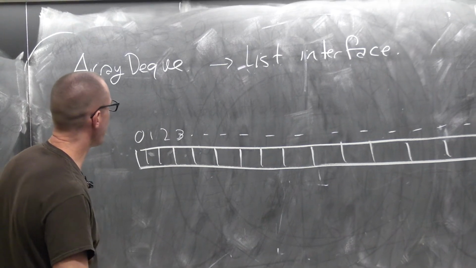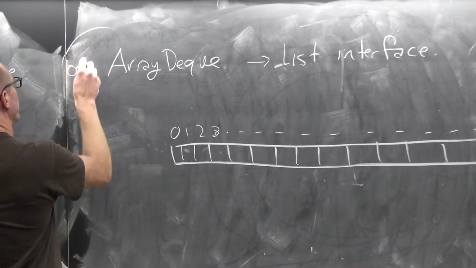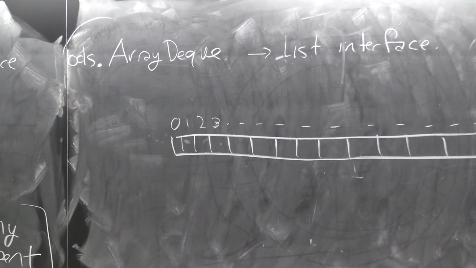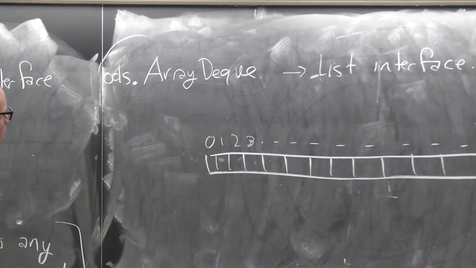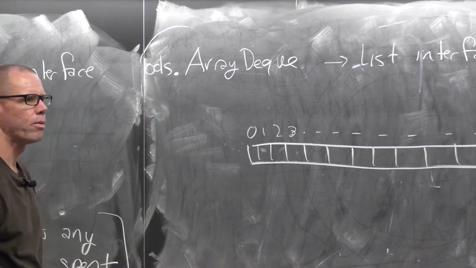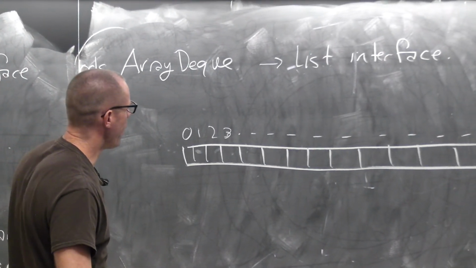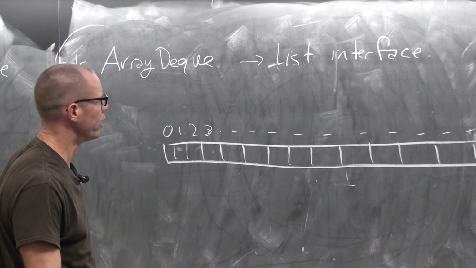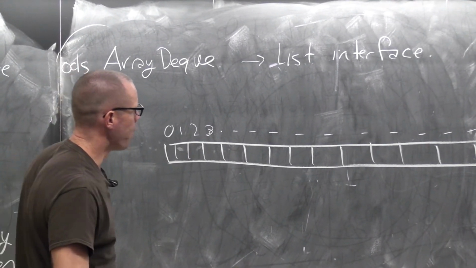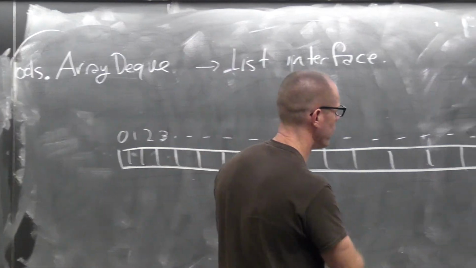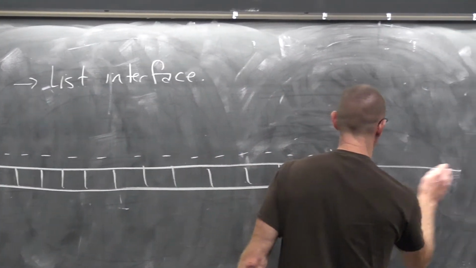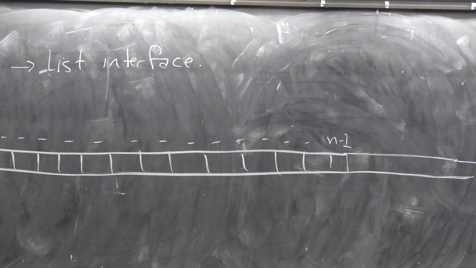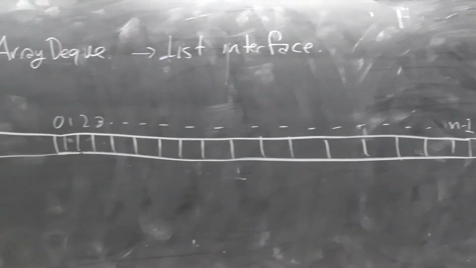Add or remove anywhere, so just to be clear, this is the textbook implementation of array deck. Unfortunately, Java Collections Framework added their own thing called an array deck, which is not the same thing. But this is what I want, the full list interface, where if you add near either end, then it should be fast. If you do stuff in the middle, then I don't really guarantee that it's fast.